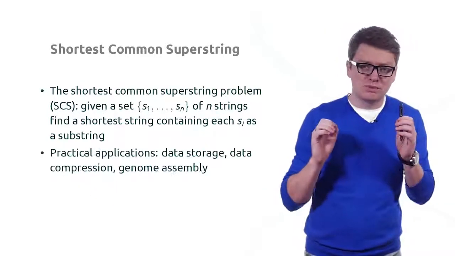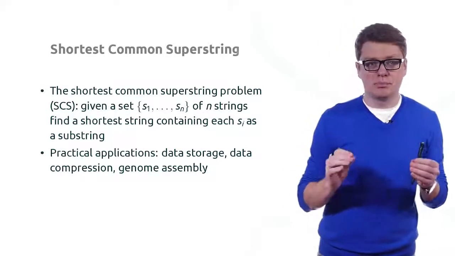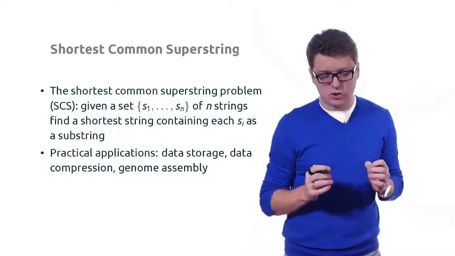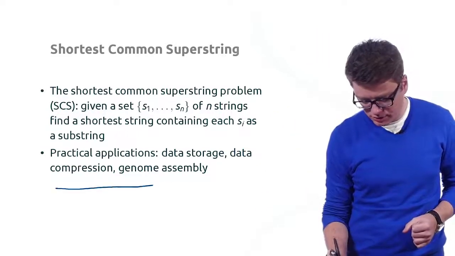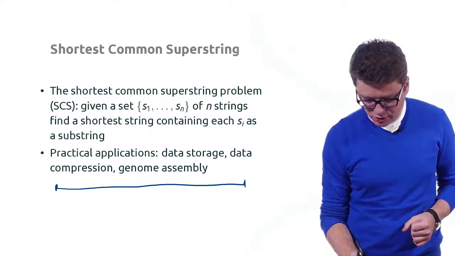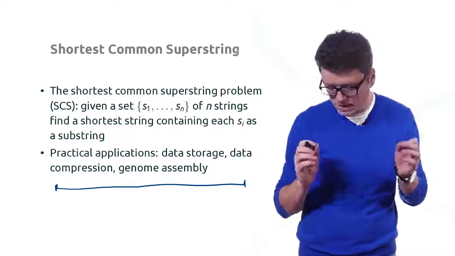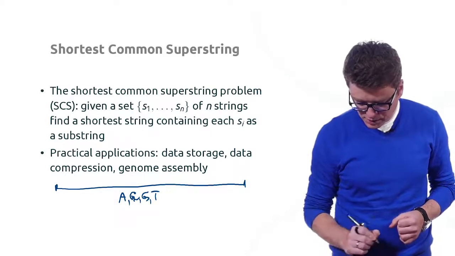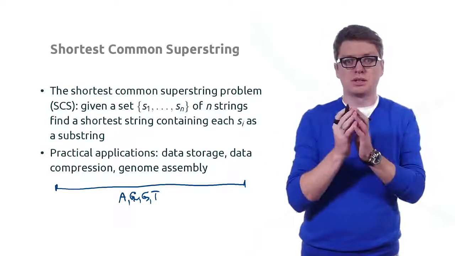So what we've just shown is that there is a natural application in data storage and data compression. But also another famous application of the shortest common superstring problem is genome assembly that we discussed already. So recall that a genome is just a very long string, with millions and billions of symbols over the alphabet ACGT. The current sequencing technologies do not allow us to read the whole genome.